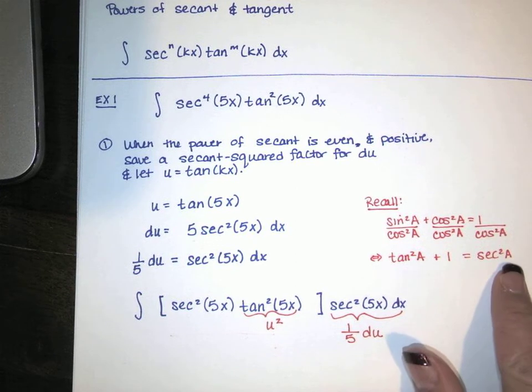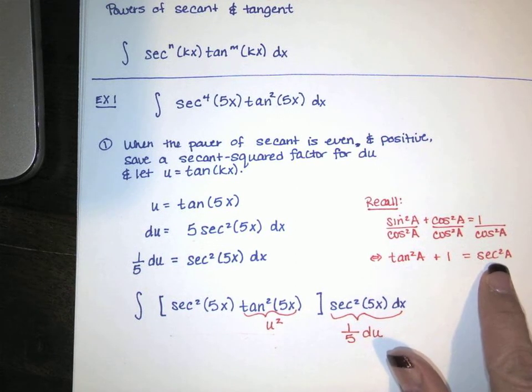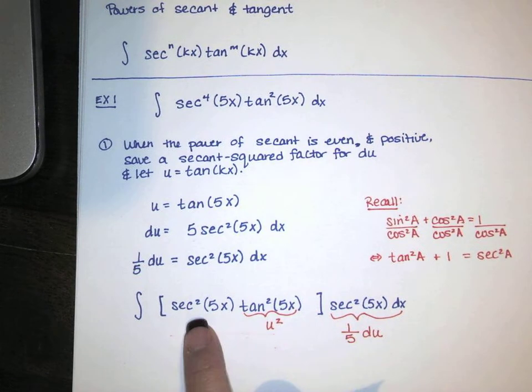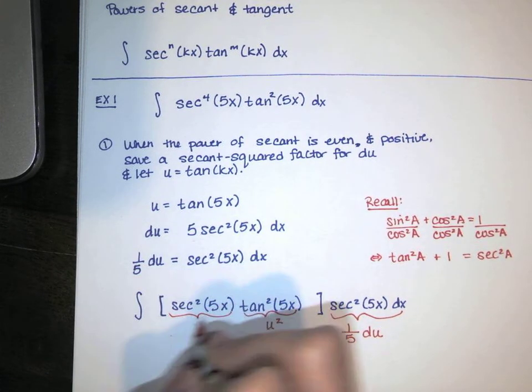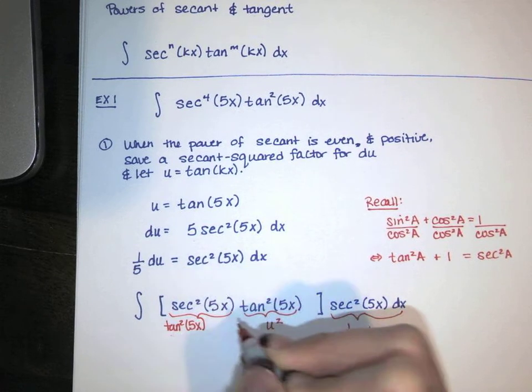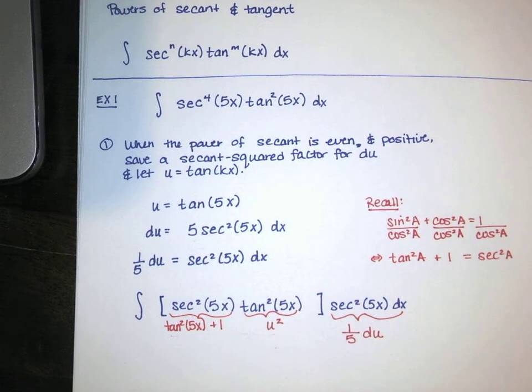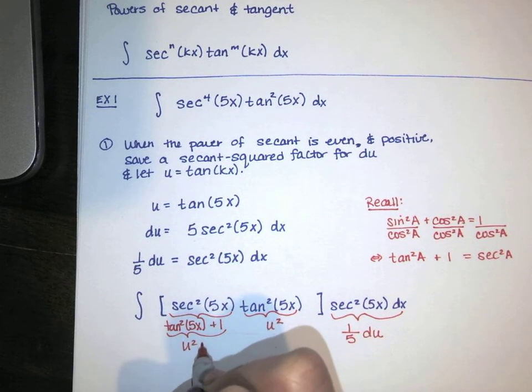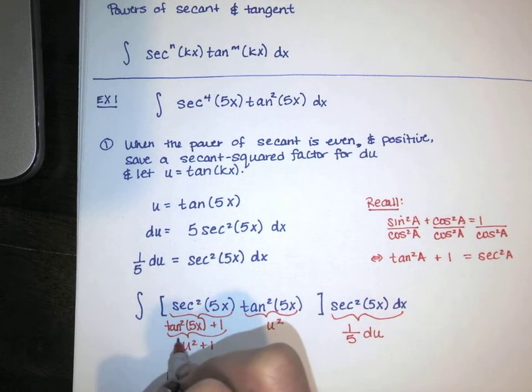Now, according to this, anytime I have a secant squared, I can replace it by tangent squared plus 1. So this is tangent squared plus 1. And in terms of u, if u is tangent, that's just u squared plus 1. Don't forget your parentheses.